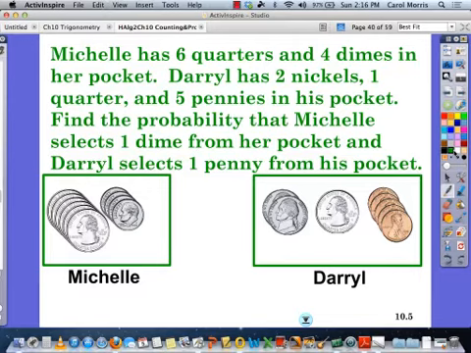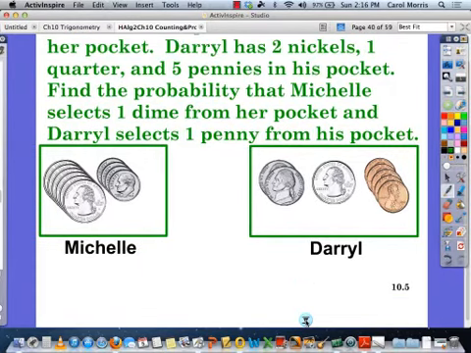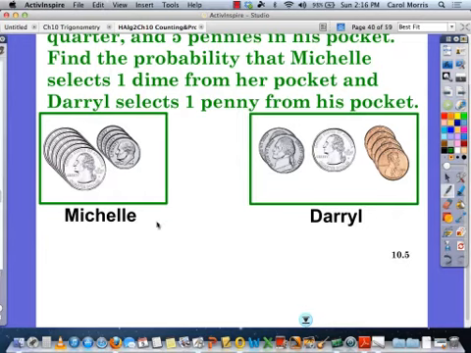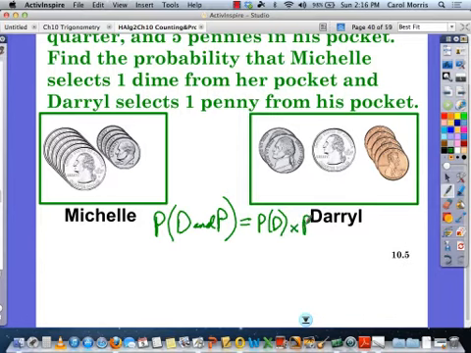We would write this like we did the others: what's the probability of getting a dime and a penny? That probability is the probability of getting just the dime times the probability of getting just the penny. And that should be our result.